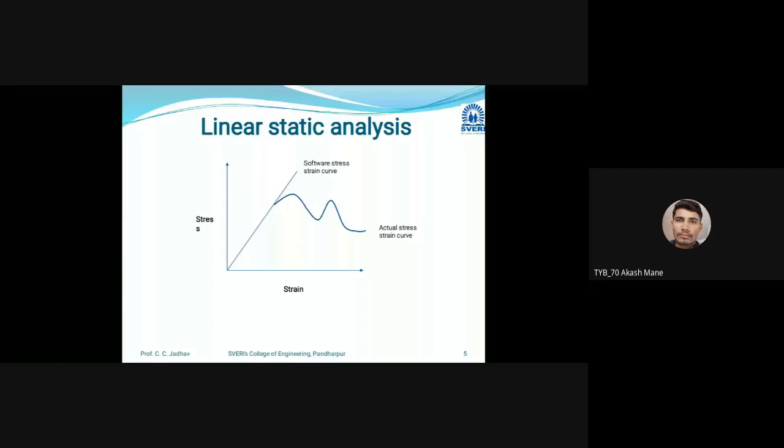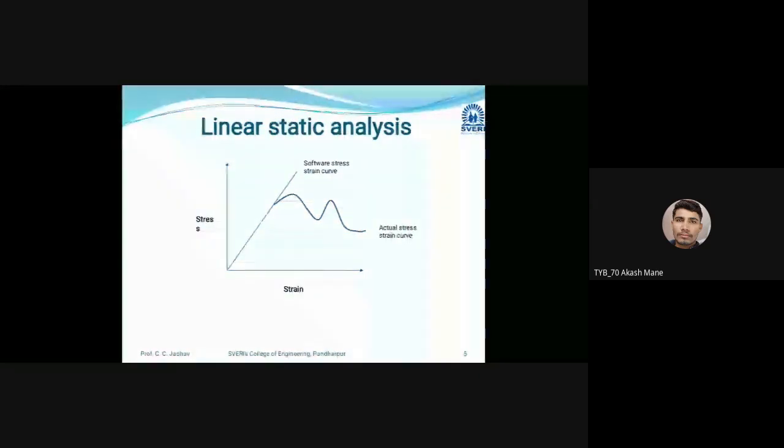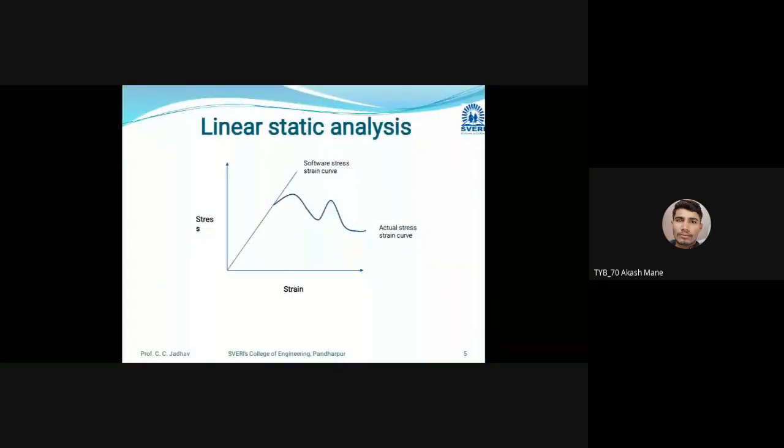But in actual conditions you will see the direct product in failure manner. You can observe here that the part has failed. In this fashion you can calculate the actual stress-strain value and apply our FEM knowledge to linear static analysis.